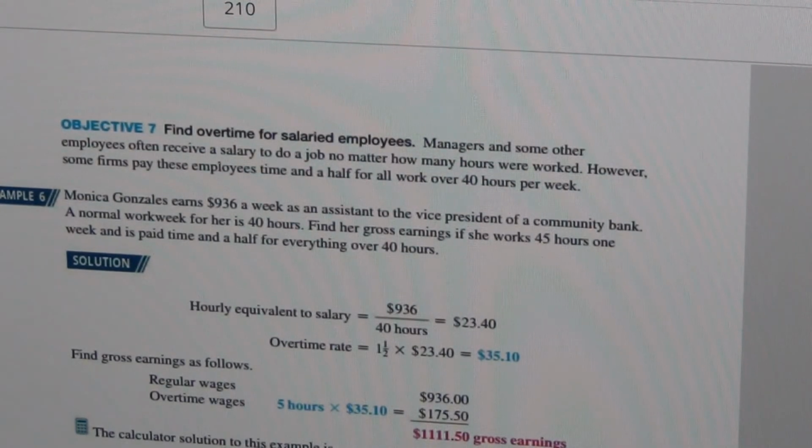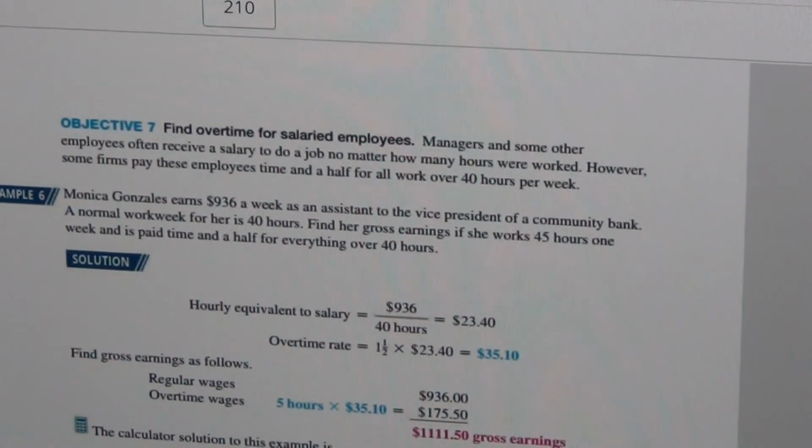However, if they work more than 40 hours in a week, or more than 8 hours in a day, then by law, unless that position is considered to be an exempt position, the employer is still required to pay overtime. So in other words, you would have a salaried employee that essentially has a minimum amount, but not a maximum amount, depending on the position.